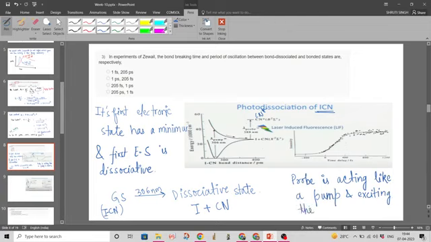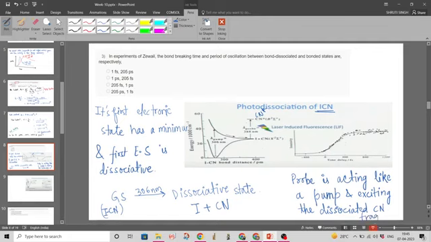and exciting the dissociated CN fragments. Okay, so this is not a pump probe, this is two pumps one at a time. Then what happens?